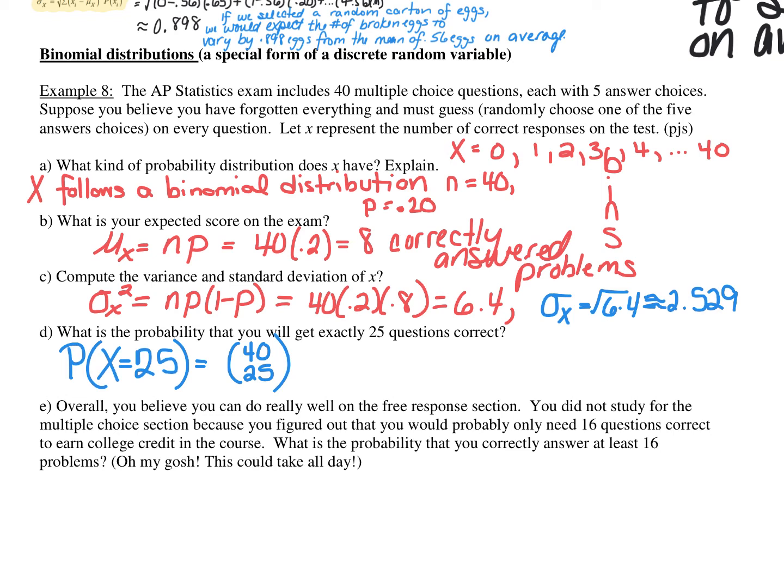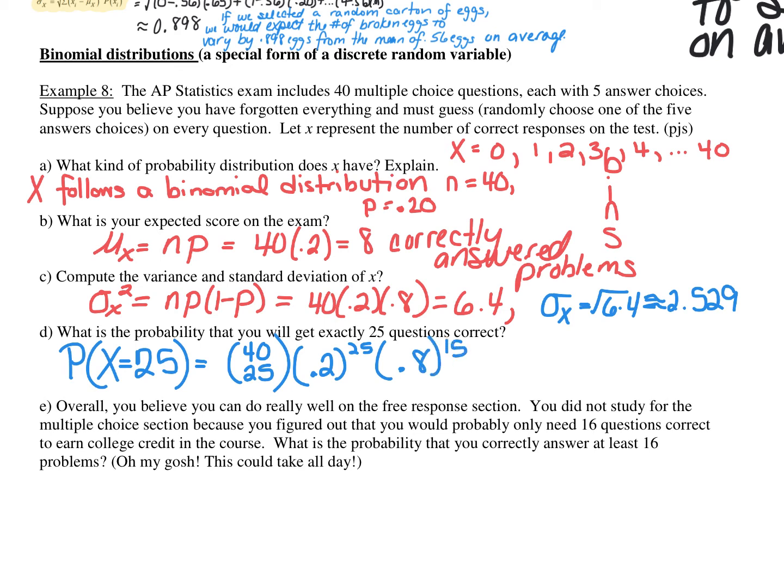There are so many different combinations of how that exactly 25 could play out. So times the probability of a success raised to the 25th power, and a failure to the 40 minus 25, which would be 15.